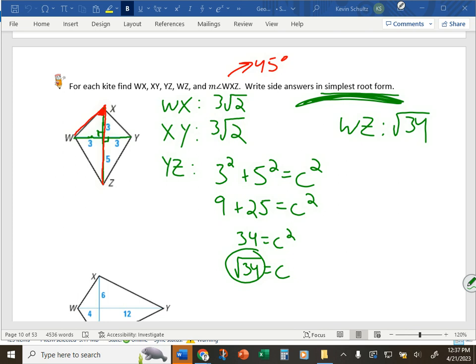But if you use the Pythagorean theorem, I want to see the Pythagorean theorem. If you use sine, cosine, tangent, I want to see that. If you use the inverse, I want to see that. Show me how you find answers. If all you have written down are numbers and no work shown, then you're not going to get credit. I want to see the thought process that goes into this.